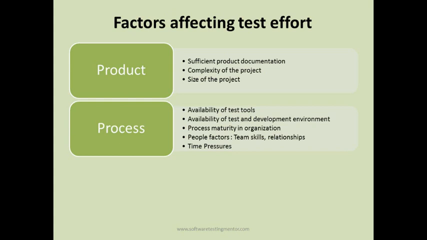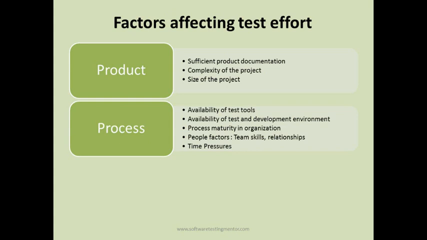Then what are the people factors? For example, what are the team skills available? If there is no automation skill available in the team and you want to do automation, it will require more test effort, because the team has to do training and learn about the automation tool before they can go ahead and start working.